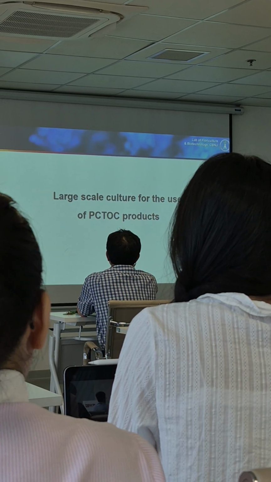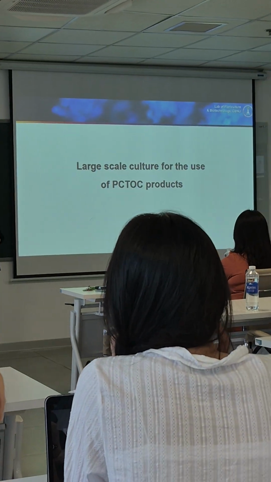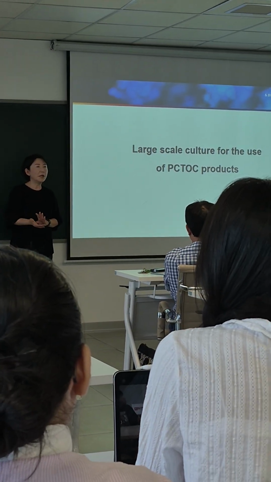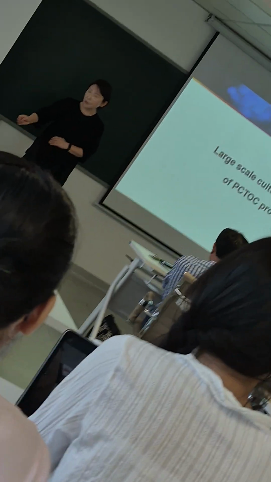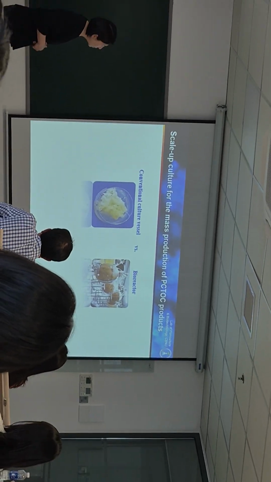And I want to introduce large scale culture for plant cell culture products. I know Dr. Tam is also doing nicely here with bioreactor culture. There is the conventional culture method.